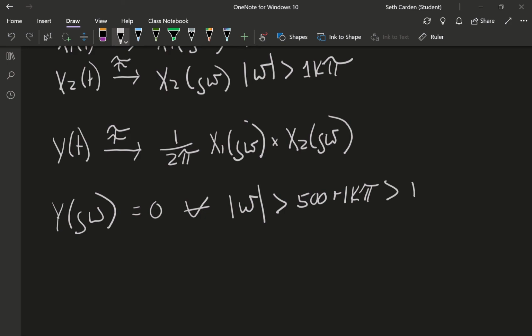So 1500 pi. So we know that the maximum omega is 1500 pi.